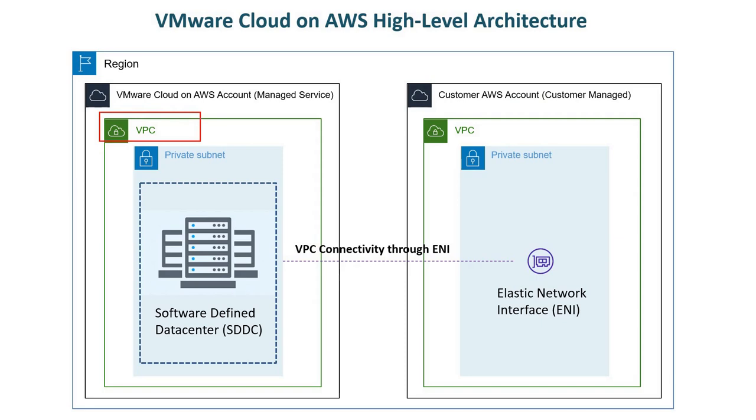It is the VPC. If you are well aware of AWS networking concepts, whenever we deploy any EC2 workloads or any AWS service, we first need to define a VPC. VPC is an AWS networking construct called Virtual Private Cloud, and it gives us an isolated virtual networking environment within our AWS cloud infrastructure.